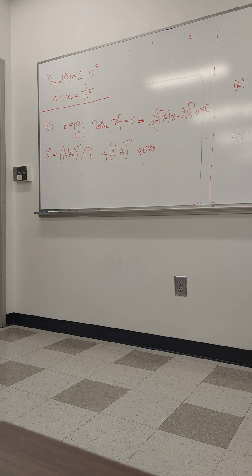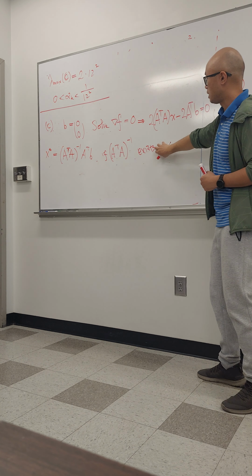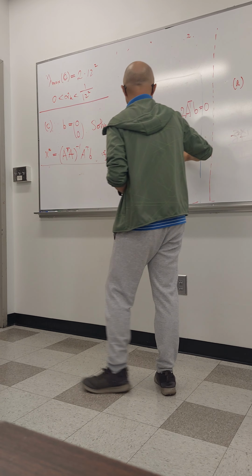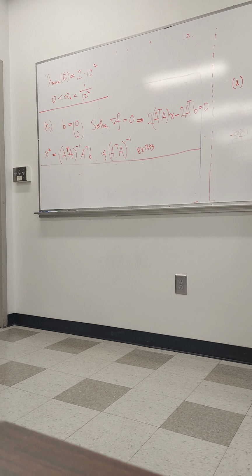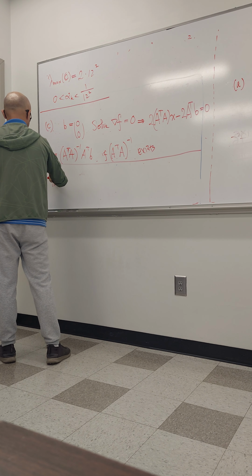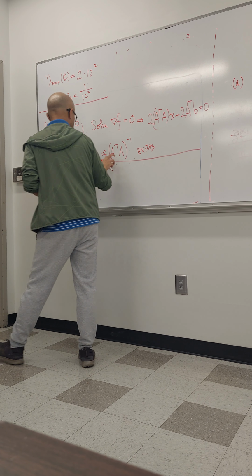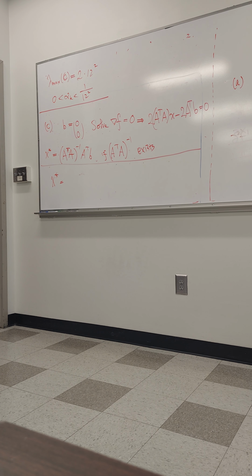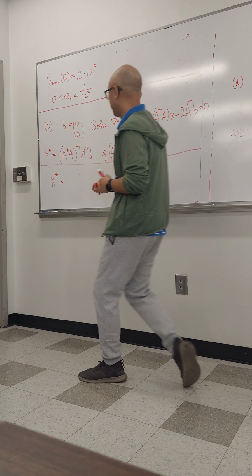So it's this, if this inverse exists, but in general. In our problem, x star, A transpose A is nothing but this diagonal matrix, so its inverse, of course, exists.